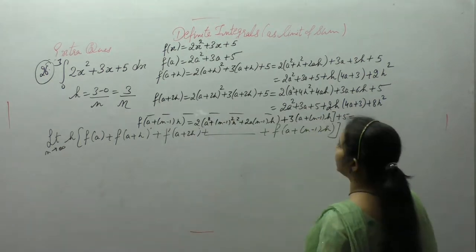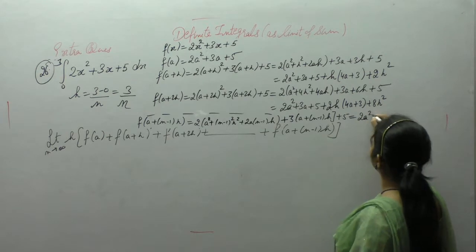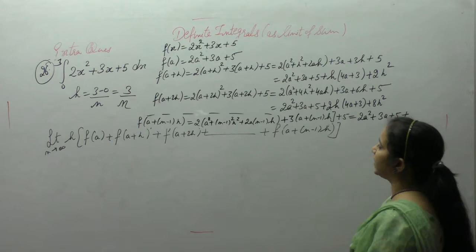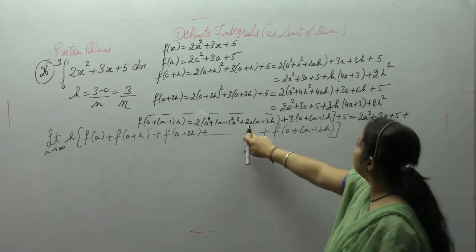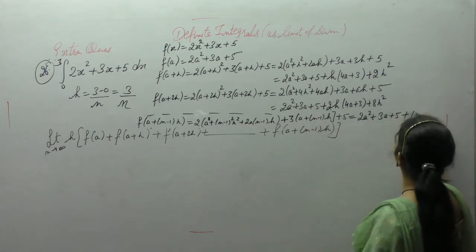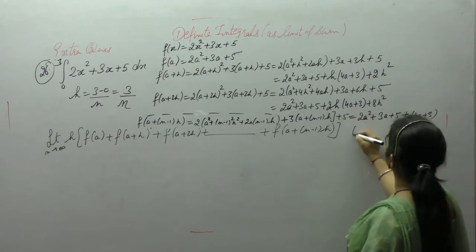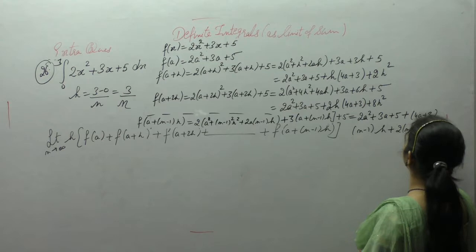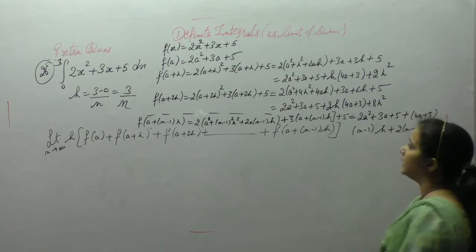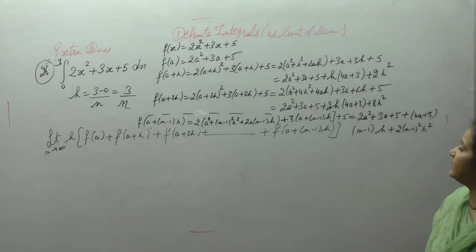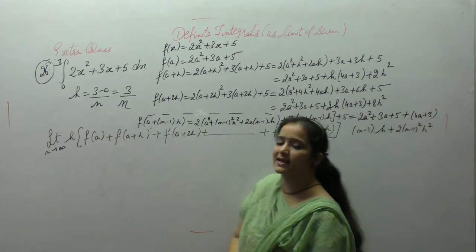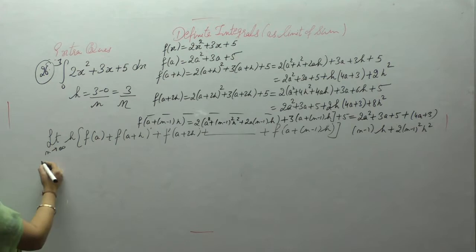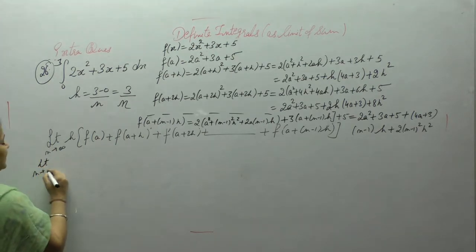And we get the value as 2a square plus 3a plus 5, terms of h: 2 into 2, 4a plus 3 into (n minus 1)h, plus 2 times (n minus 1) square h square. First find the value of the function at a plus h, a plus 2h, and so on up to a plus (n minus 1) into h. Now put these values.